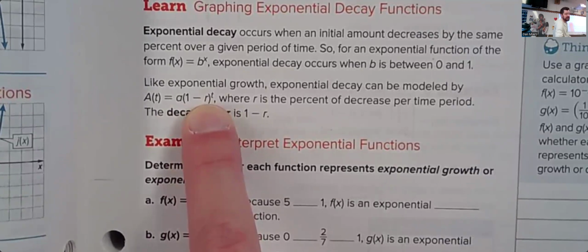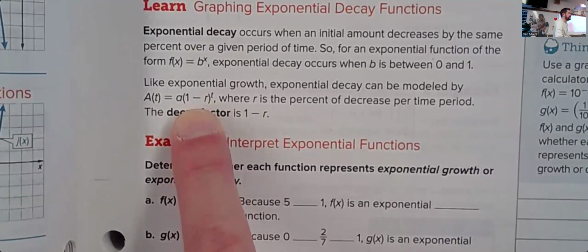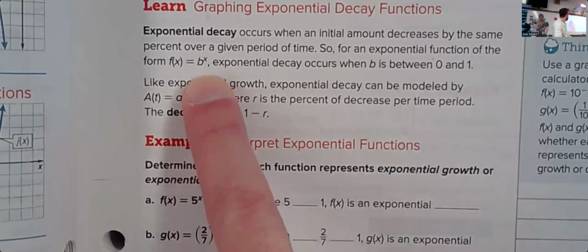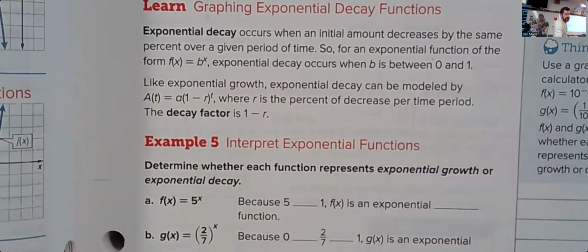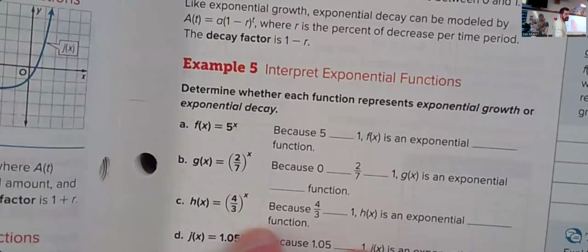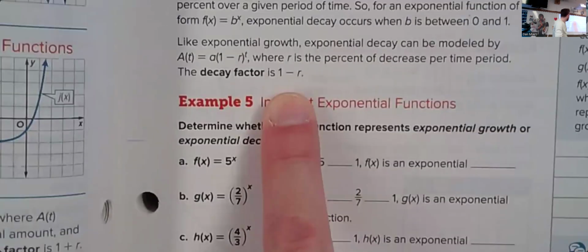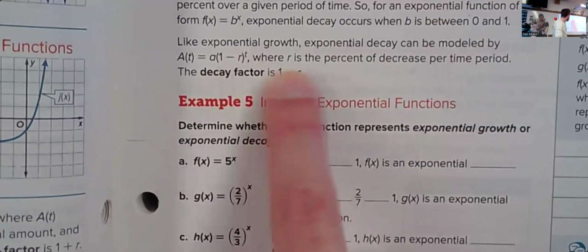So it'll be between 0 and 1. And if you take 1 and you subtract a number between 0 and 1, you get a number between 0 and 1. And so this 1 minus r gives us a value of b that is between 0 and 1, which tells us that something is decreasing. It's decay. So with the growth factor, we have 1 plus r, and with decay factor, we have 1 minus r. Decay rate is r, and decay factor is 1 minus r.